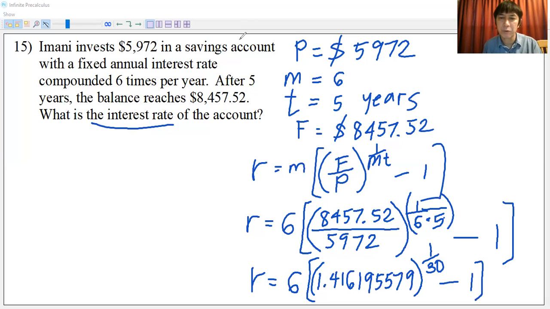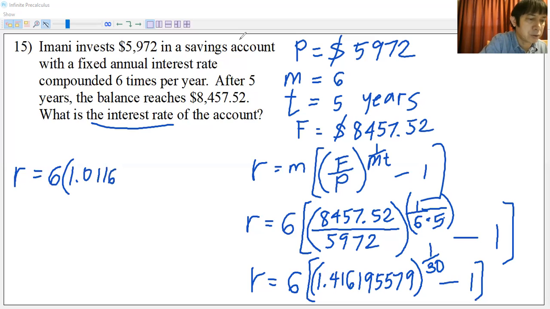So we're going to raise this to 1 over 30, and we get some amount. And this is 6 times 1.0116 and then 6 more digits, and the 8 there. So how many number 6? That's 1, 2, 3, 4, 5, number 6, and the 8.